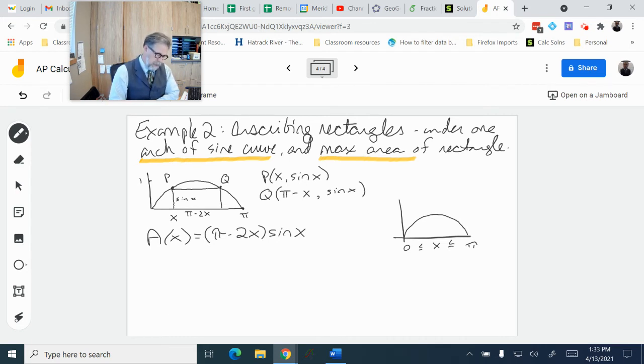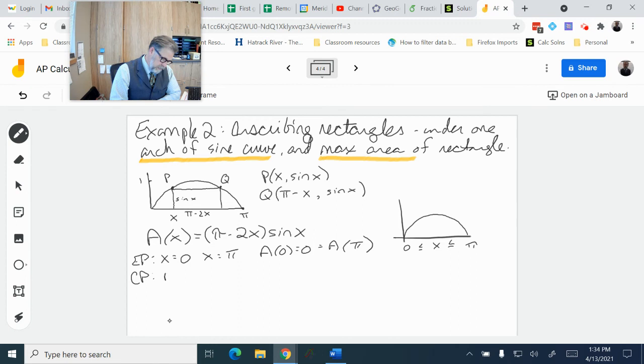No, I could have looked at my original graph and said, oh, look, it goes from 0 to pi. Our next step is to identify critical points. Well, endpoints are at x equals 0, x equals pi. I can already see that the area at 0 is equal to 0, and that's also the area of the rectangle at x equals pi.